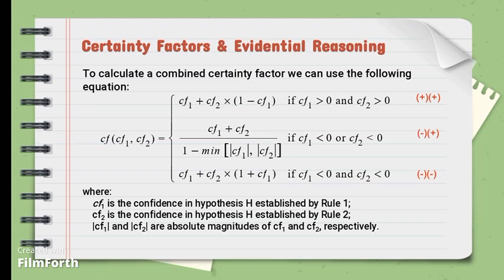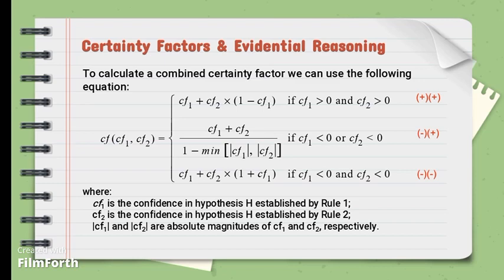The combined certainty factor has three equations. Each equation will be used based on the certainty factor of rule number 1 and 2. So the first equation is used if the certainty factor of rule 1 is greater than 0 and the certainty factor of rule 2 is greater than 0.